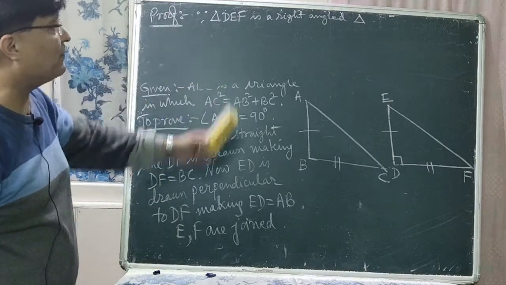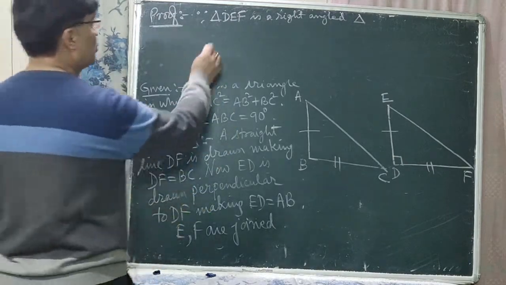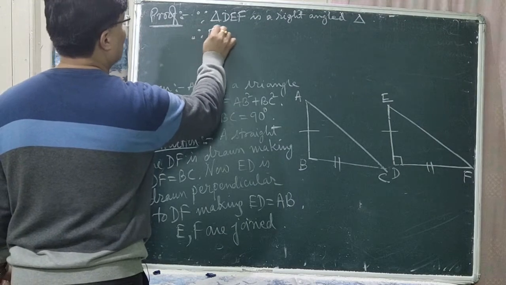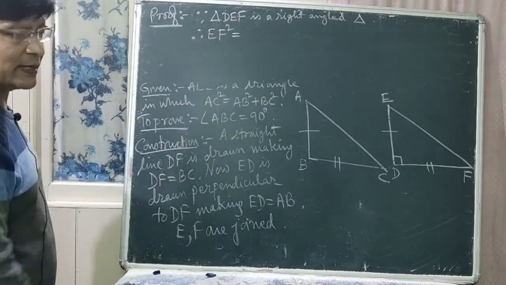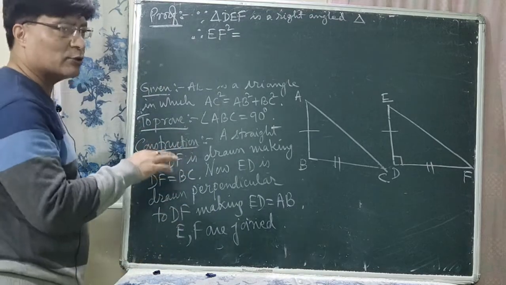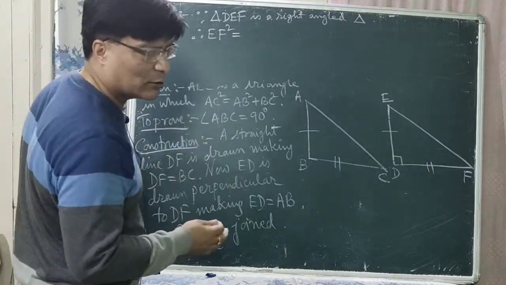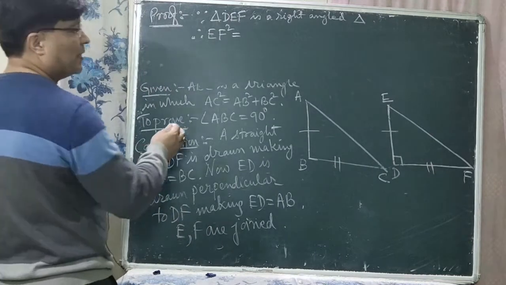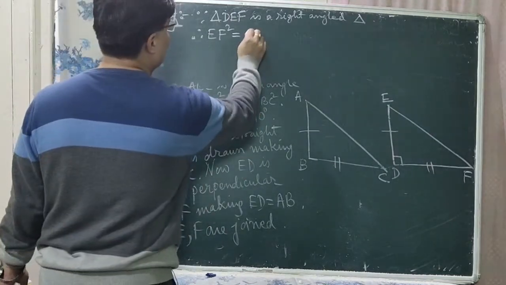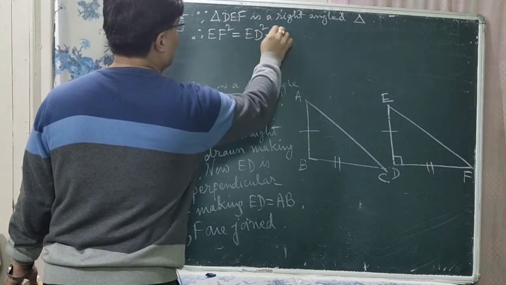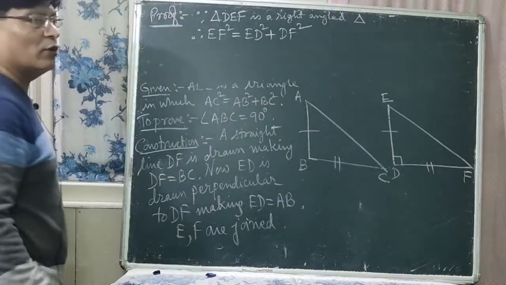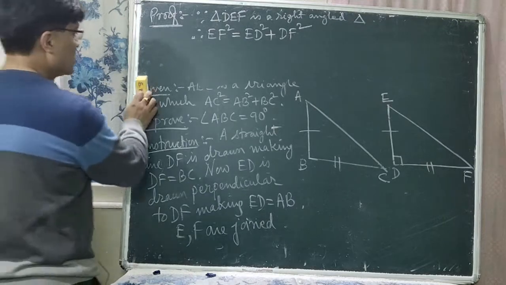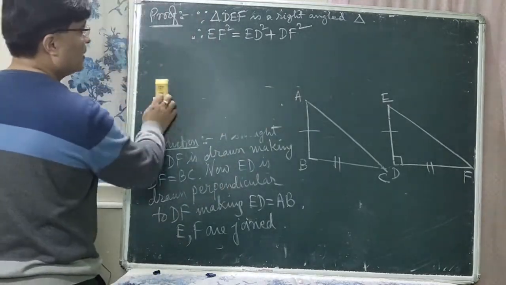So triangle DEF is a right angled triangle. So therefore what can you write here? Hypotenuse whole square, that is from the previous theorem. If it is a right angle triangle, you can write that hypotenuse whole square is equal to base whole square plus perpendicular whole square, isn't it? That is, EF whole square is equal to ED square, that is perpendicular whole square, plus DF whole square. So this is from the right angle triangle.